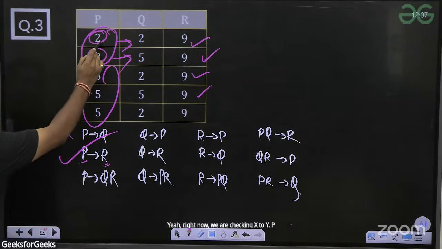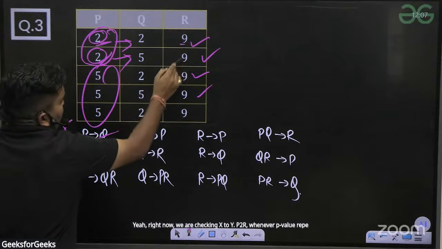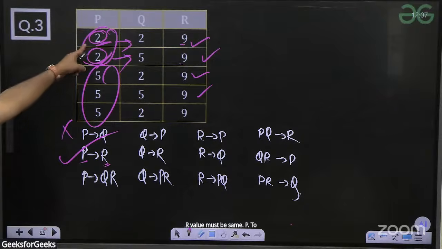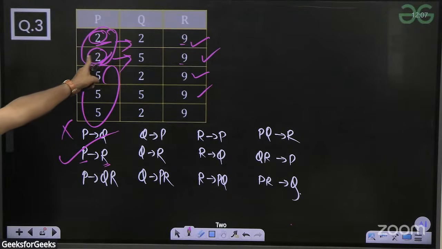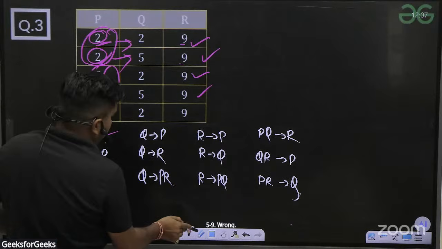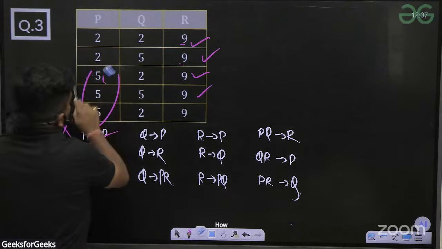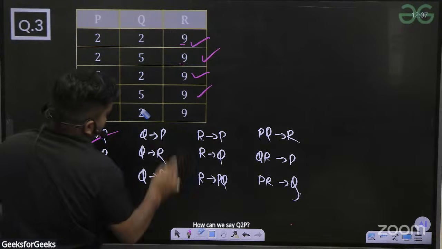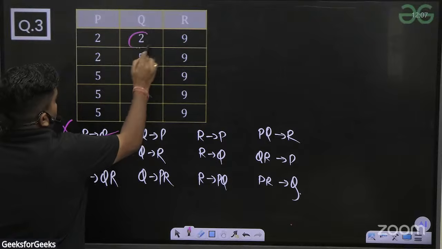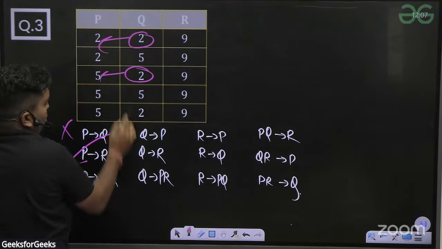P2R: whenever the P value repeats, the corresponding R value must be the same. P2QR: 2 gives 2 9, here 2 gives 5 9. Wrong. Q2P, how can we say Q2P? Please tell me. Wrong.